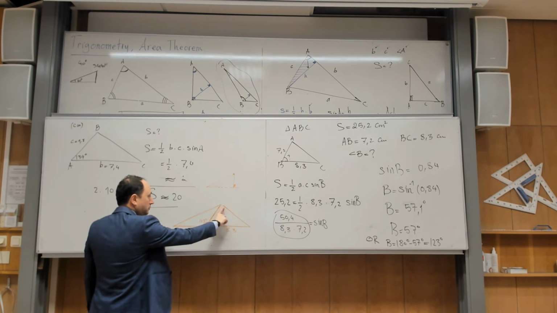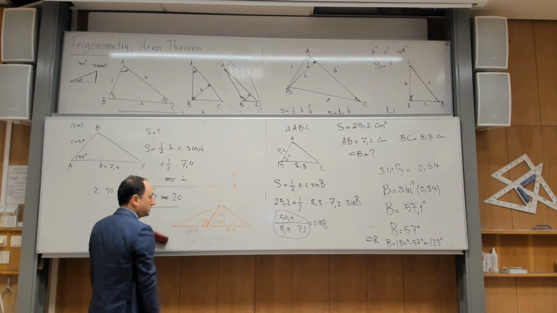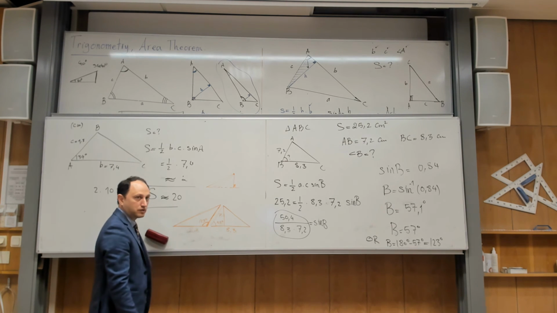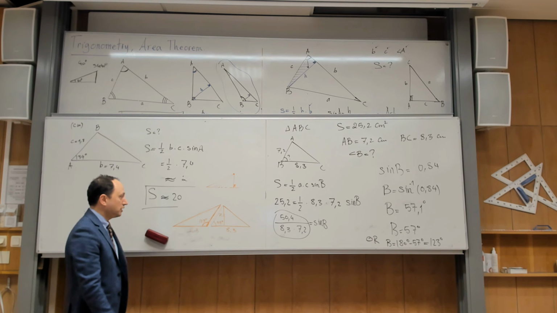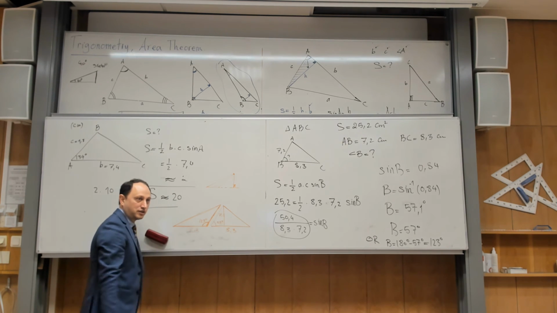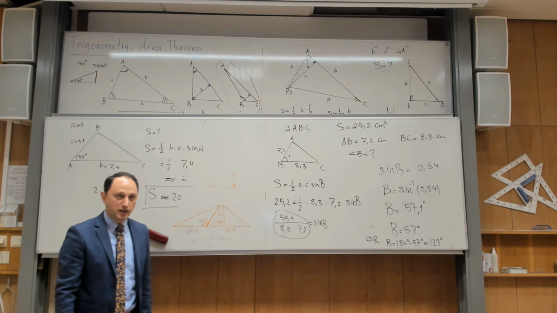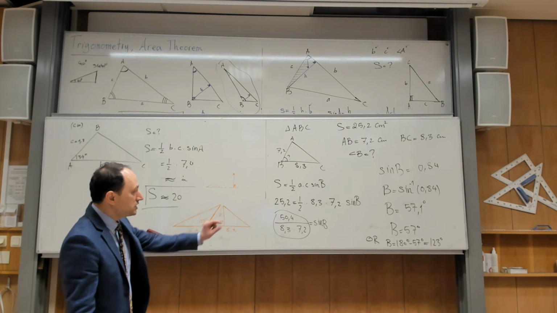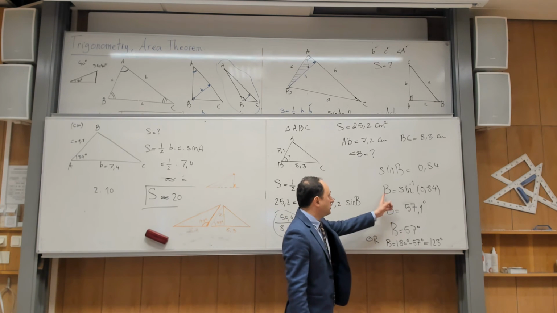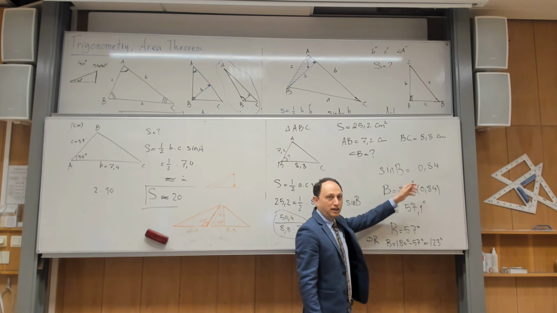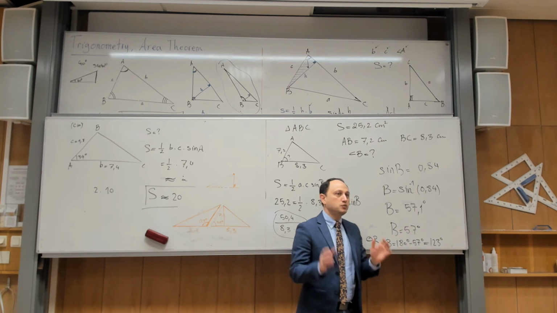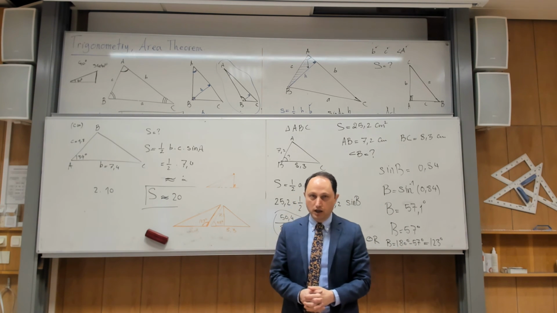This side is 7.2, this side is 8.3, and this angle in one of them is 57, the other one is 123. Now you understand that if I change this a little bit, the height will start changing. The heights will no longer be the same, so the triangles will not be the same. So this is the only part that I wanted you to memorize for the time being. If you want to find B in Math 1C lesson, you didn't face this. Why? Because we only work in a right angle triangle.